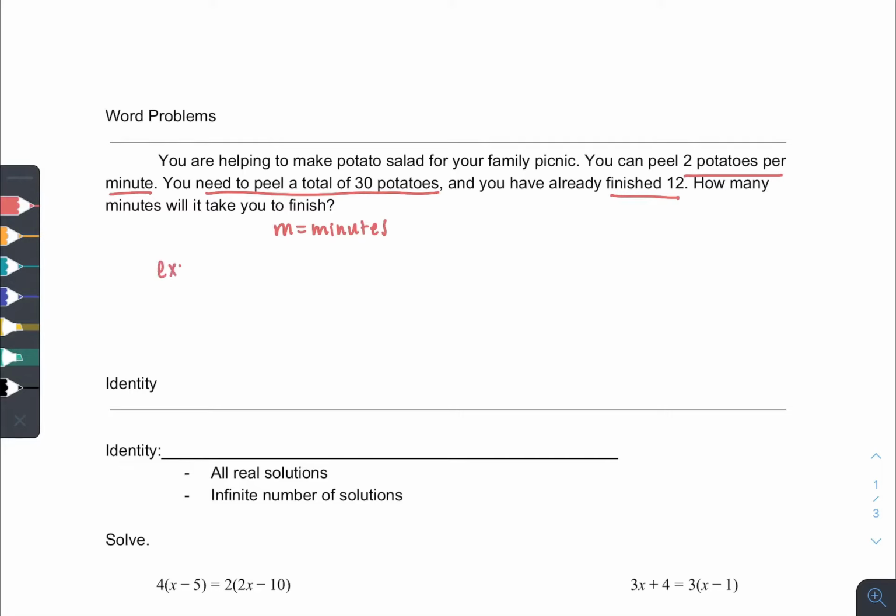Goodness. We'll call it for the work being done. So I peeled 2 potatoes per minute, and I already finished 12. The way that we would write that as an expression is going to be 2m plus 12. And the more minutes we have, the more potatoes we'll peel.